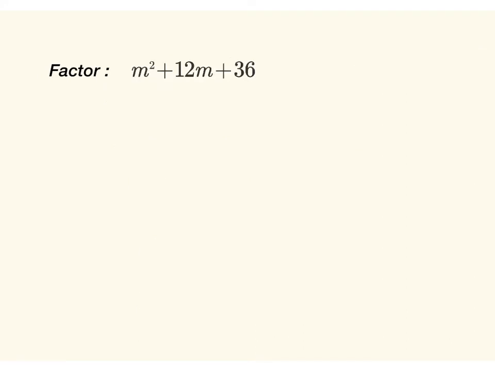Now in this case, we look at this and I see that m is a variable squared, and I see that 36 is 6 squared. So if we have m squared and 6 squared, this makes me think that this is the a squared plus 2ab plus b squared.